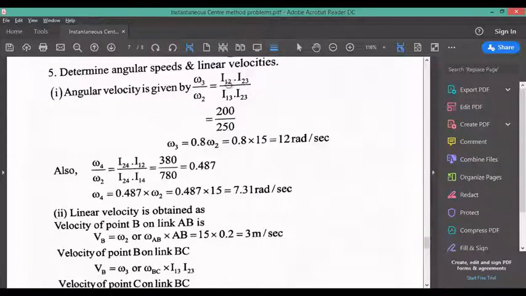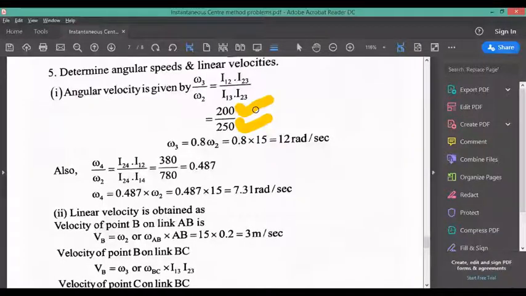Omega 2 multiplied by the distance I12 to I23 should be equal to the distance from I13 to I23 multiplied by omega 3. The distances we can measure using the graphical representation. So we are getting 200 millimeters.